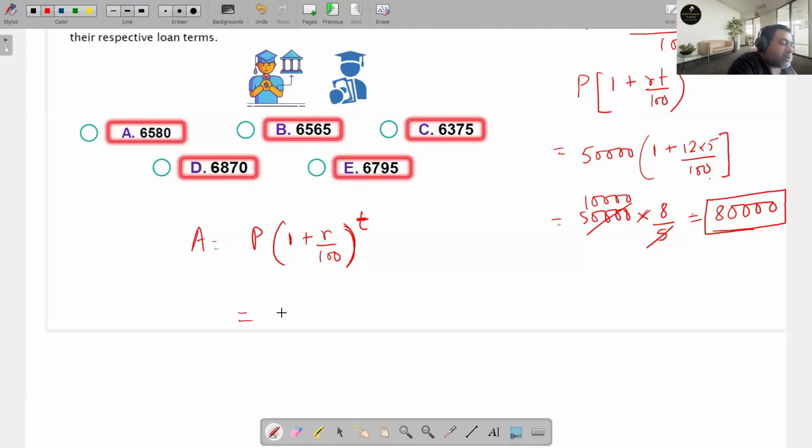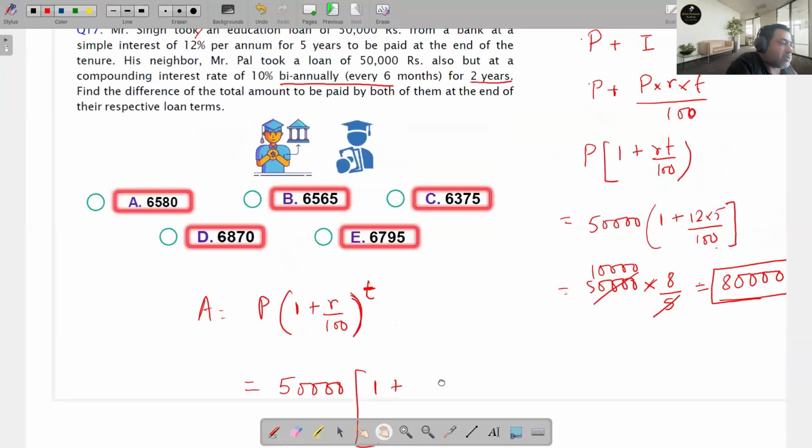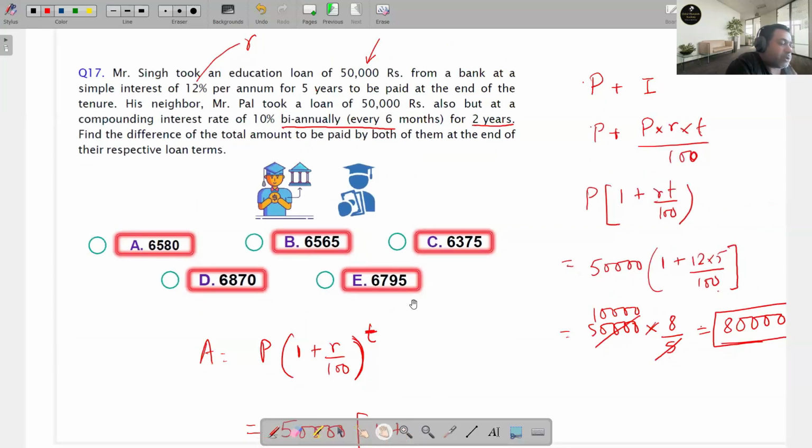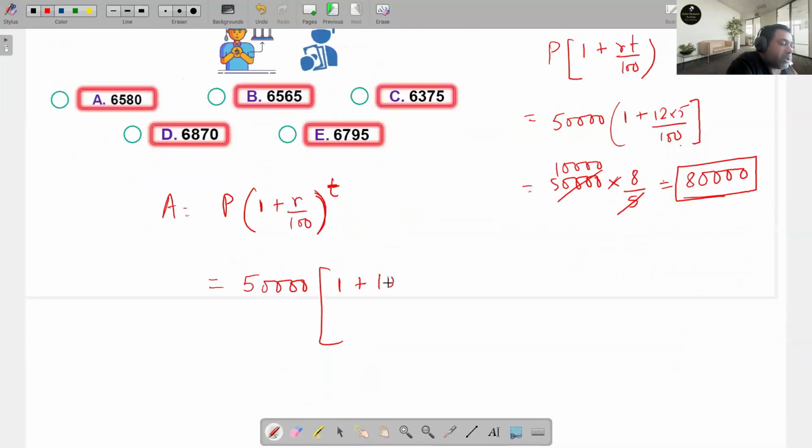So we'll see what we get. We'll get 50,000 here, and 1 plus your rate of interest, in this case a little lesser, which was 10%. It will be 10 upon 100. But the term will be 4, 4 biannual terms. It won't be 2 because it's biannually. If it was annually, then it would have been 2. So here we'll get 4.